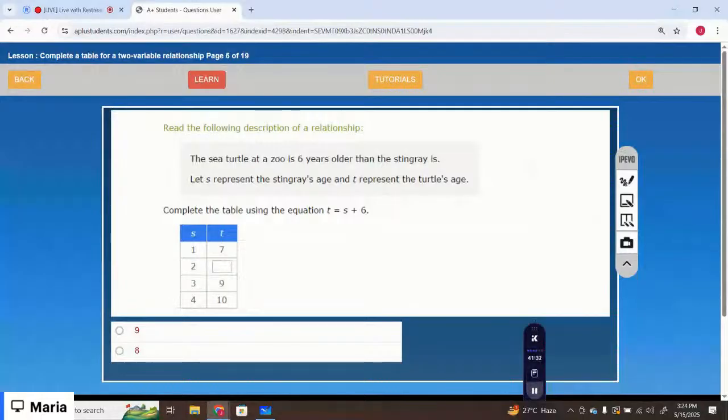Complete the table using the equation T equals S plus 6.